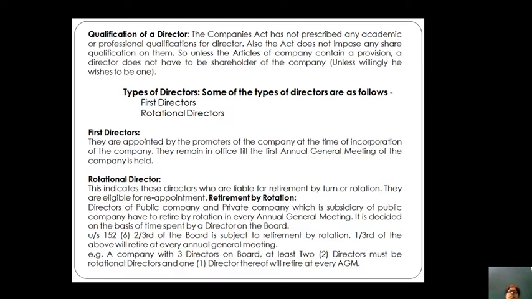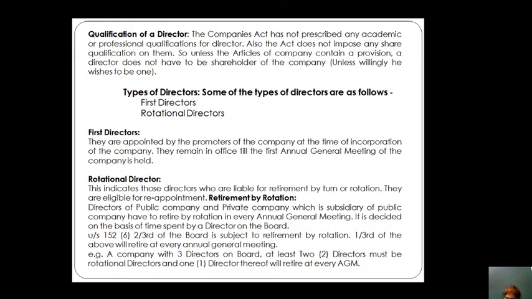Unless the articles say otherwise. As we know, every company has two main documents, that is, the memorandum of association and the articles of association. So if the company's articles of association say that we need a qualified person, a certain degree holder, as a director, then in that case only a person who has certain degrees, or who is a shareholder of the company, will be appointed as a director.